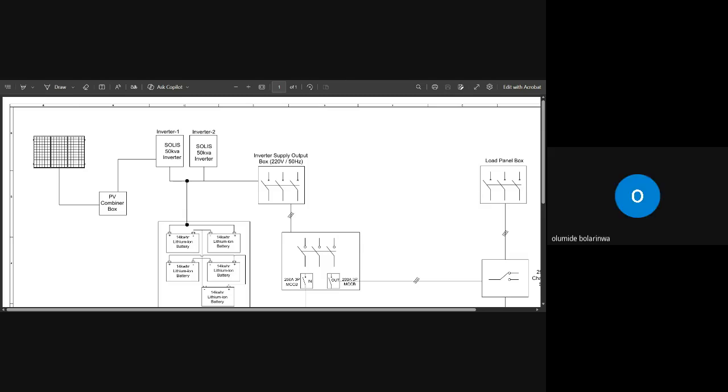Why are you now mentioning that our solar panel is 50 kVA? Why are you mentioning that? Sorry, sir. I just felt since the capacity of the battery is rated that way, maybe that's the input that the solar can actually give. I'm not sure about that.